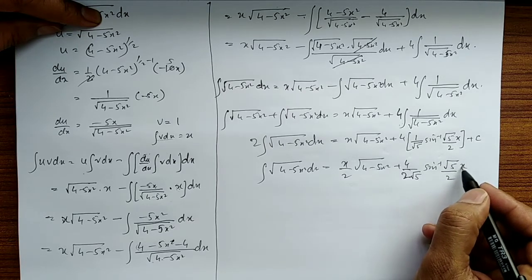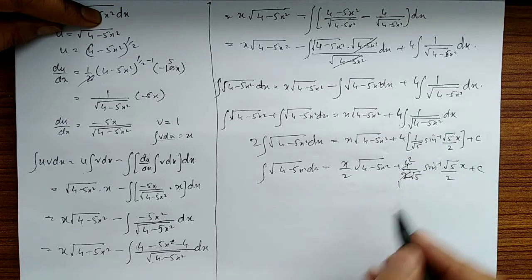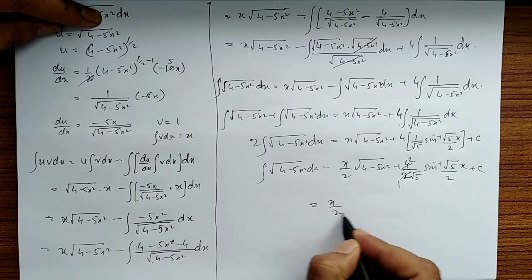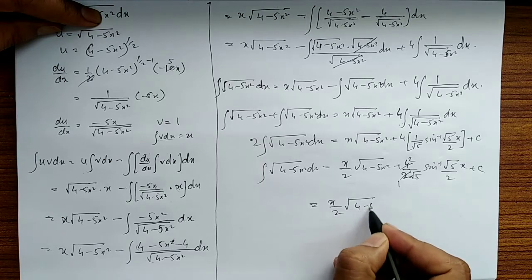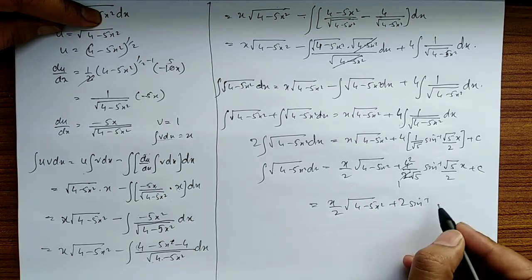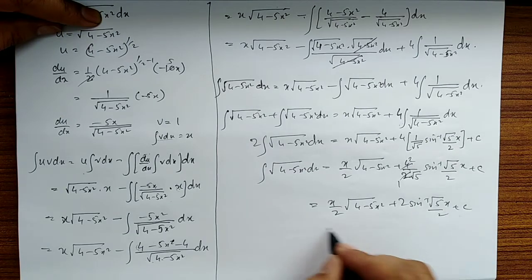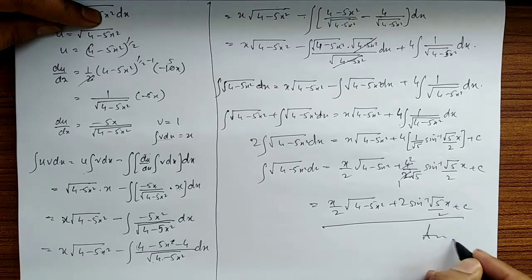Okay, listen, this x is outside the root. Two 1s are 2, two 2s are 4, and our final answer is 1 upon 2 root of 4 minus 5x square plus 2 sine inverse of root 5x upon 2 plus c. So this is our final answer.